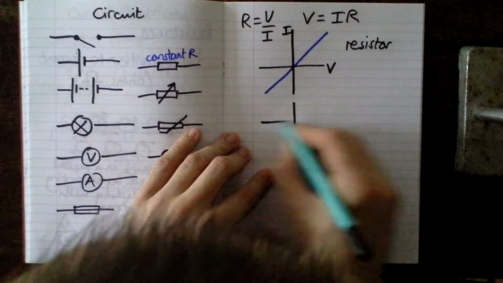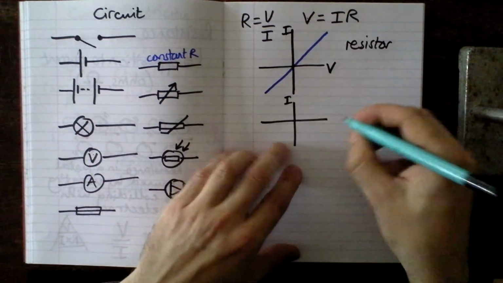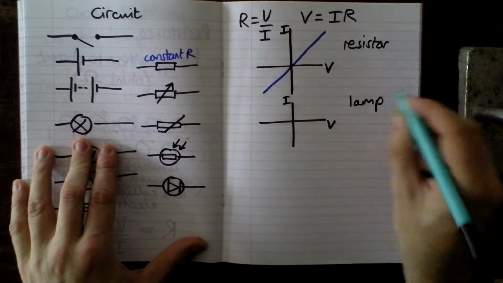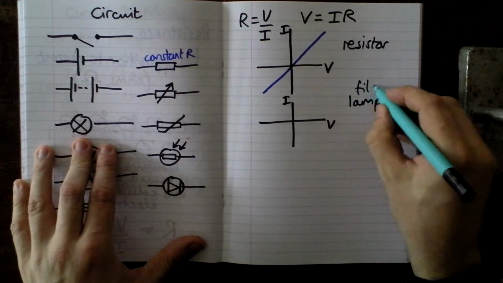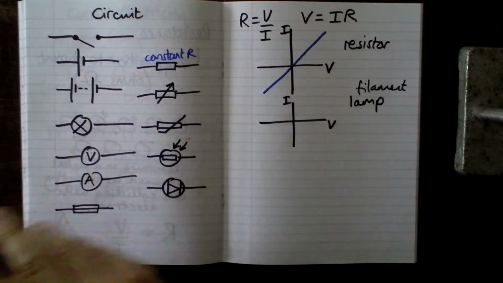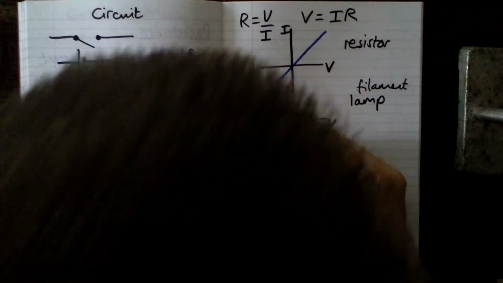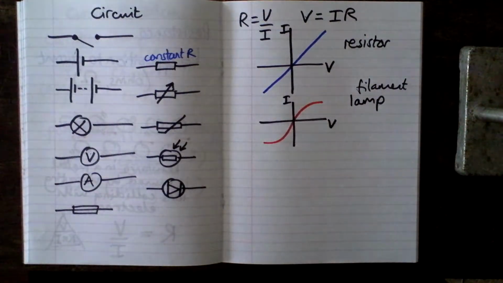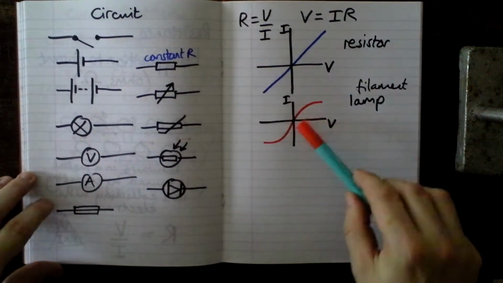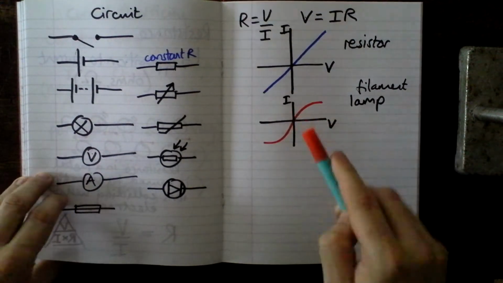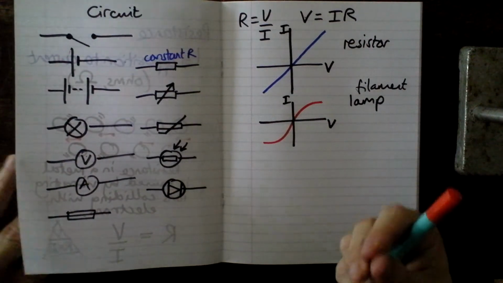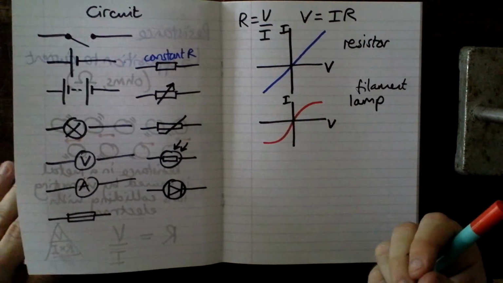If I look at a different component, for example, a filament lamp, like a light bulb, you'll see that actually we get a different shape. And this shape will look more like this S-curve. Now, the reason for this is that as our lamp gets hot, as the current gets higher, those particles in the metal lattice get warm.